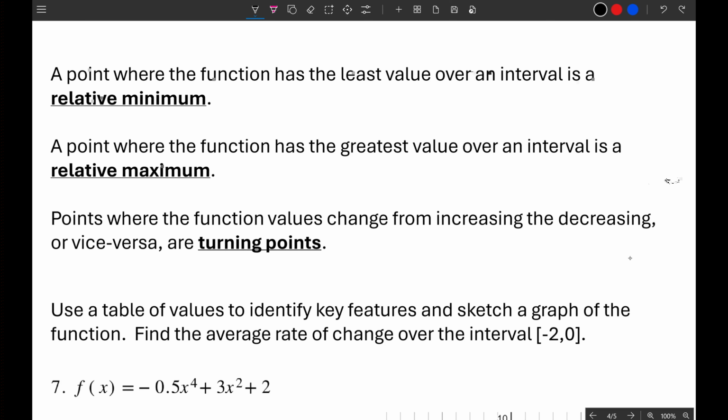So think of this as well. Your end behavior. As your x value approaches -infinity, your y value has to be doing something. And as your x value is approaching +infinity, your y value has to be doing something. Well, think about this.